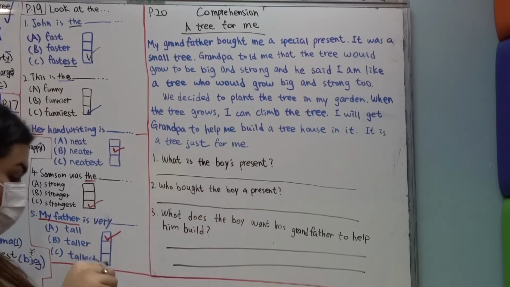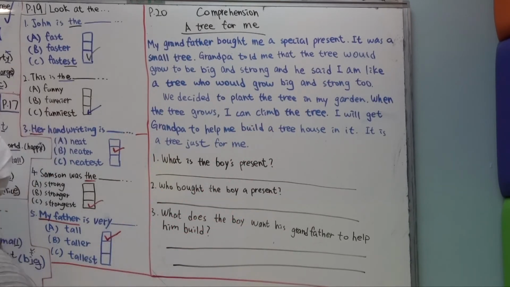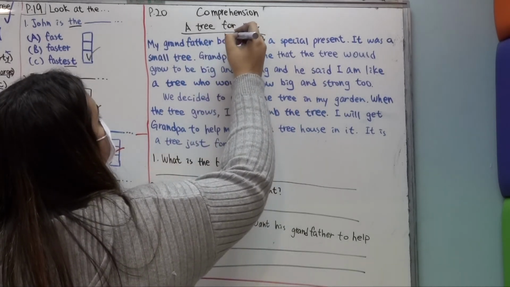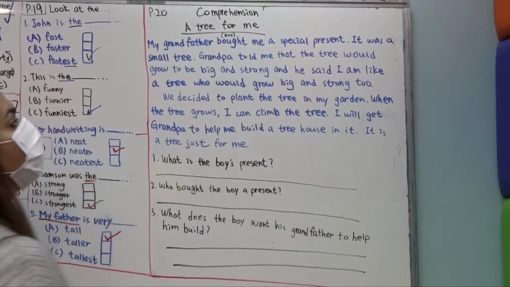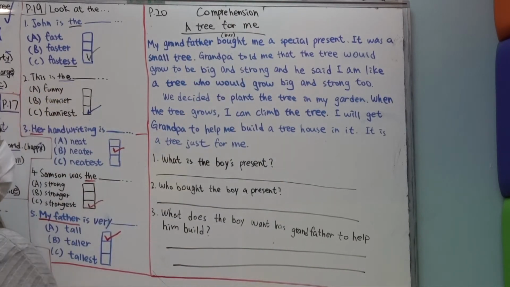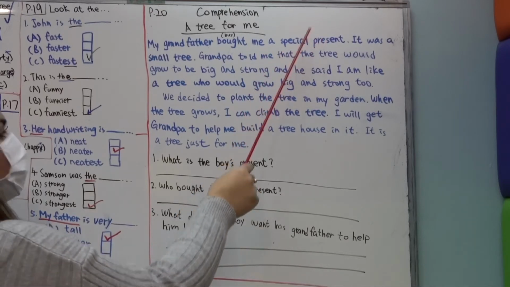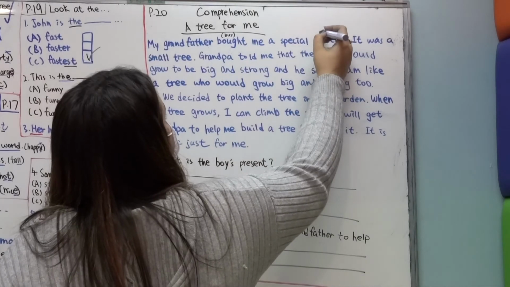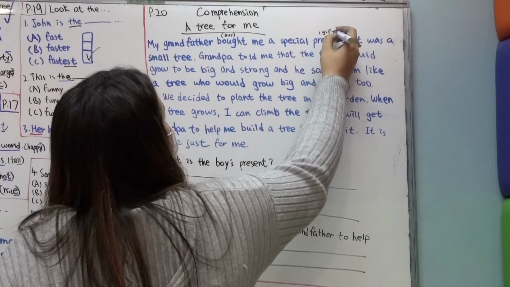Bought is the past tense of buy. It means buy. A special present. Present means a gift. Okay, it means gift.